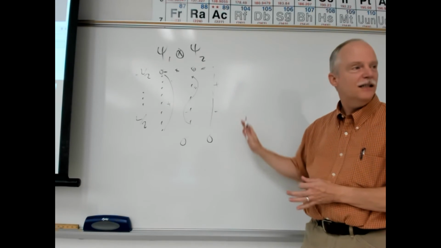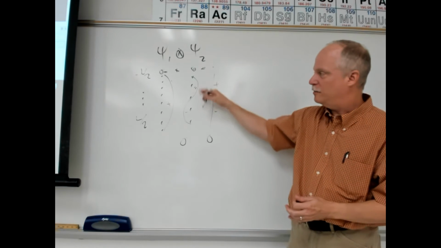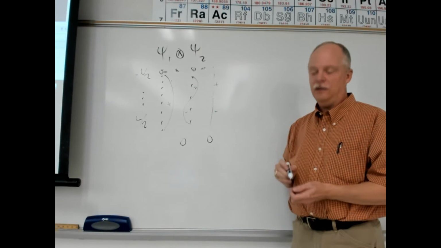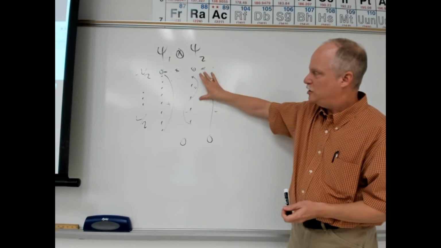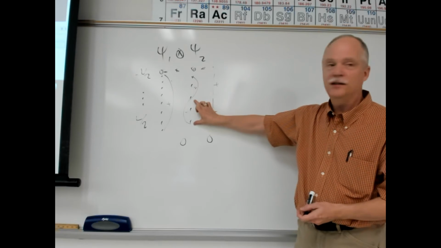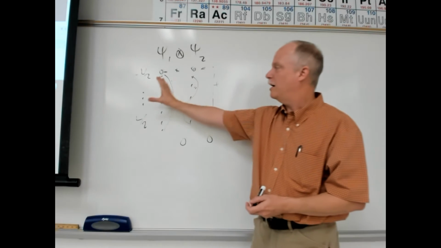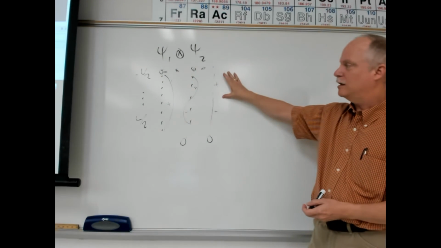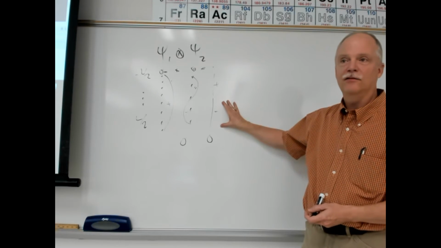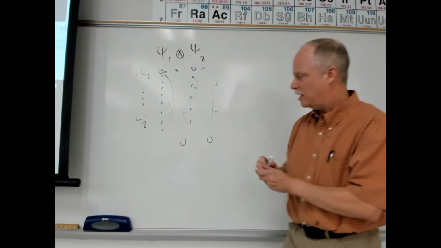And so you can kind of see the symmetry of those wave functions. I've drawn them in sort of sketch format, but that's what you would see in Excel. You would see wave function 2, the top half of that column is positive numbers, the bottom half is negative numbers. And when you multiply column 1 times column 2, you get column 3, where the top half is positive, the bottom half is negative. And so even times odd is odd.